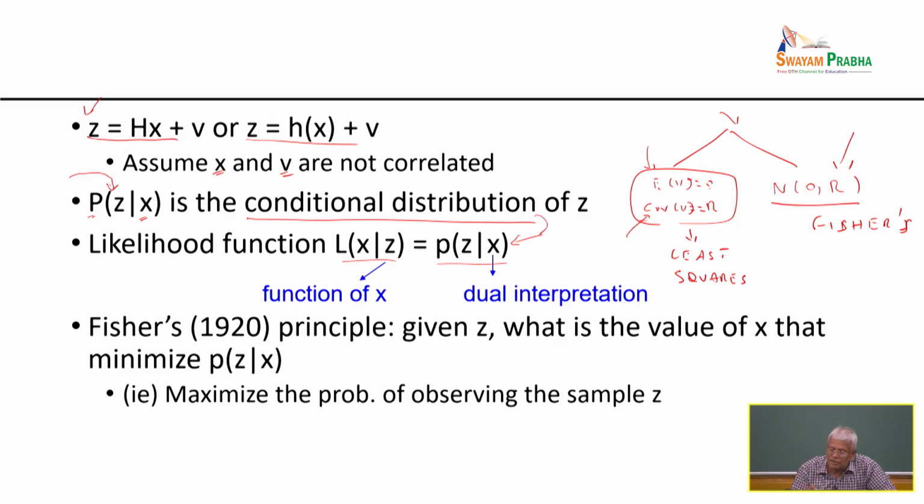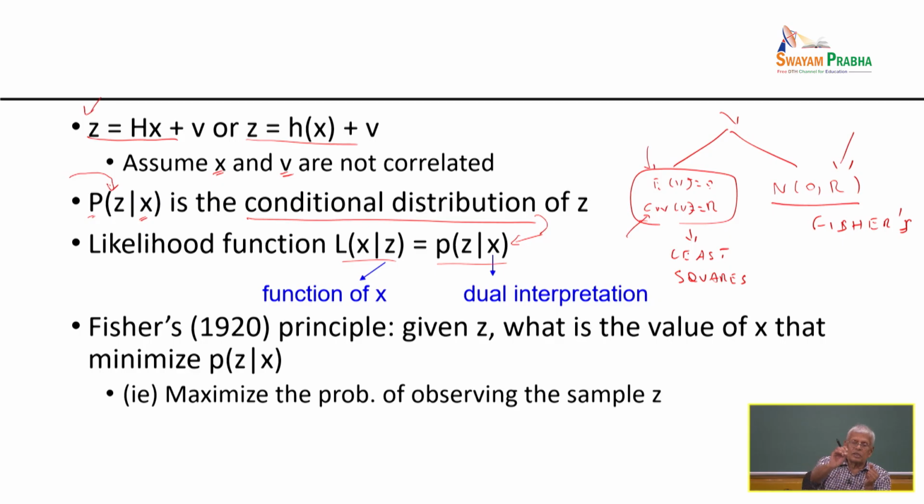But if I consider this as a function of x for a given z, see, there are two variables now, x and z. If you consider this conditioned on x, z is a random variable, that's called the conditional distribution. The genius of Fisher is that I could also consider this as a function of x for a given z. So what is the idea here?